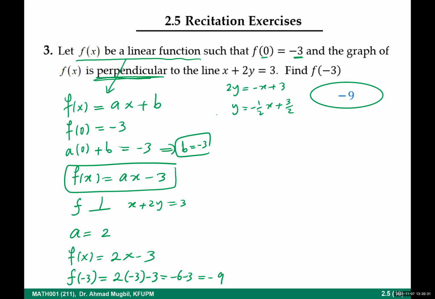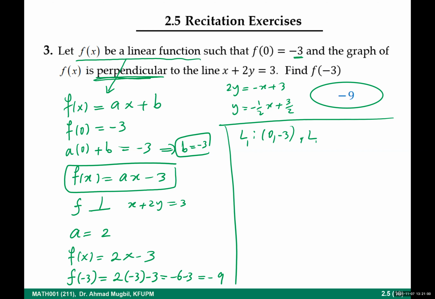Did you use another way? There is another way. Always there is another way. Is it better, easier? You can use the ideas of section 1.3. You have a point. You have two lines. Line number one has a point on it, which is (0, -3).